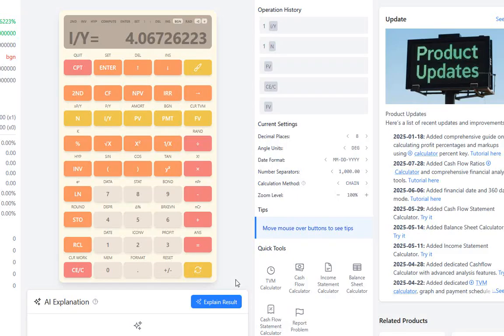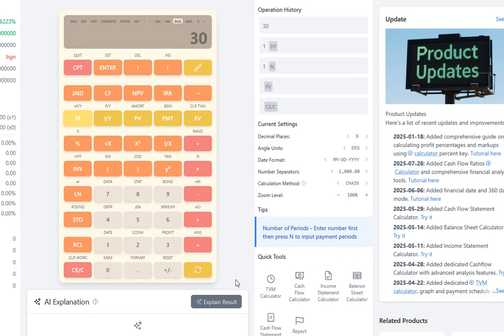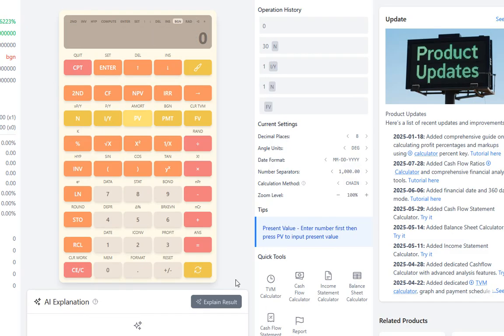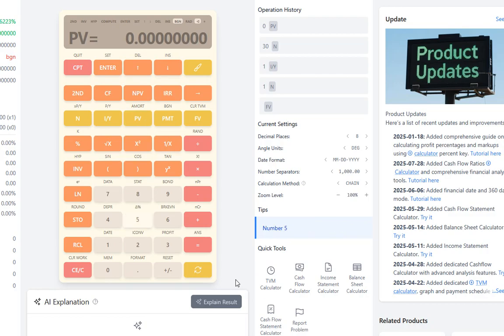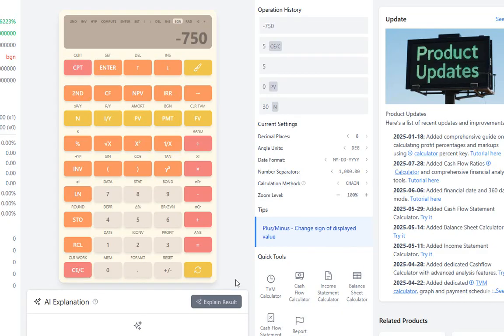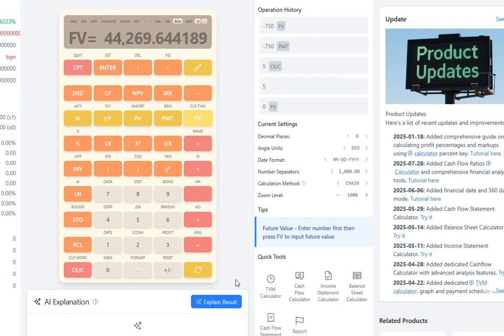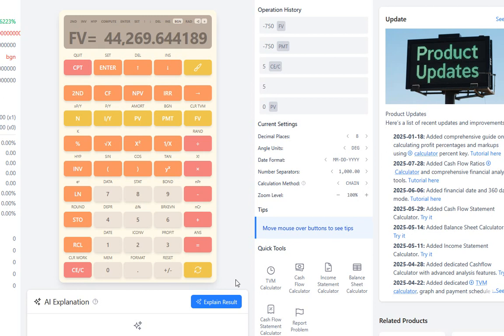Let's do that. So 30 is our N, 0 is our PV, negative 750 is our payment. Compute FV. 44,269.64. That's odd.